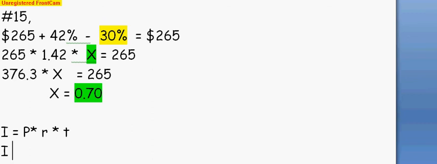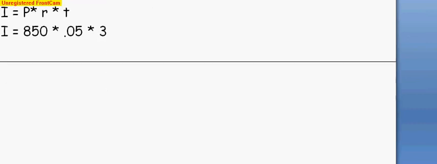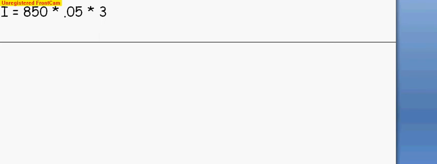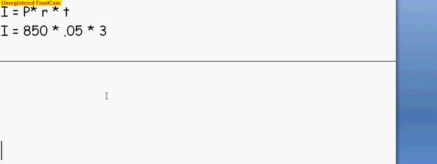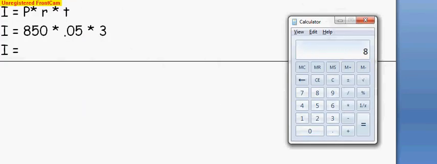So the interest equals the principal, 850, times the rate, 5%, times 3 years. So we get the interest equals 850 times 0.05 times 3, which is 127.5.